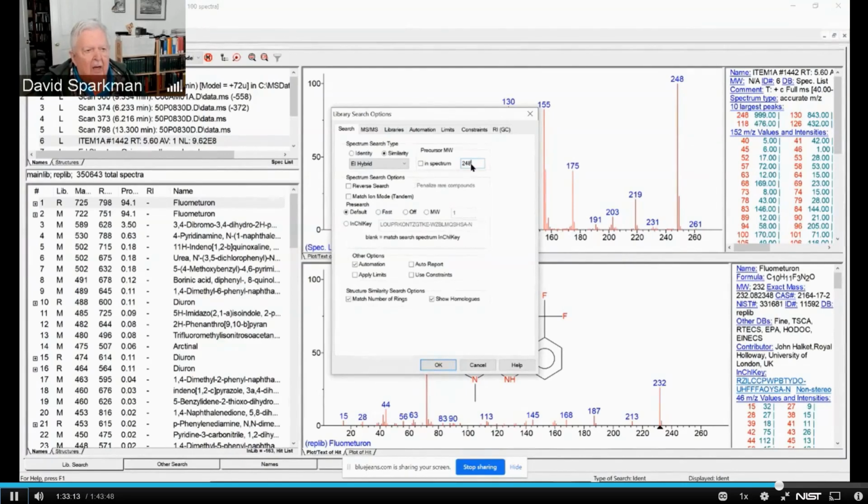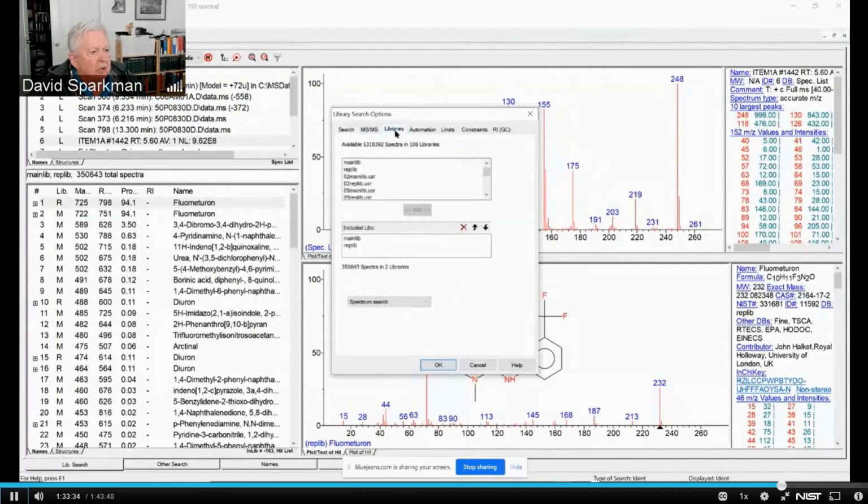But something else you can do to determine molecular weights of compounds due to the molecular ion peak is to do derivatization. Now I'm going to search this spectrum against only the main library in NIST.